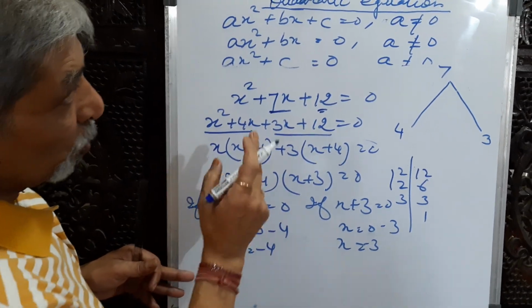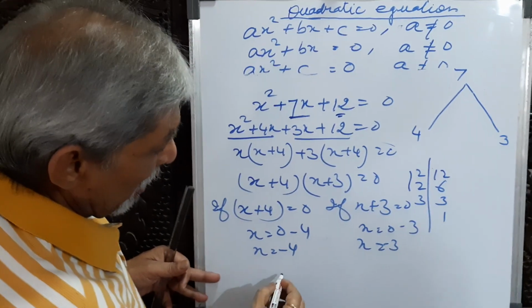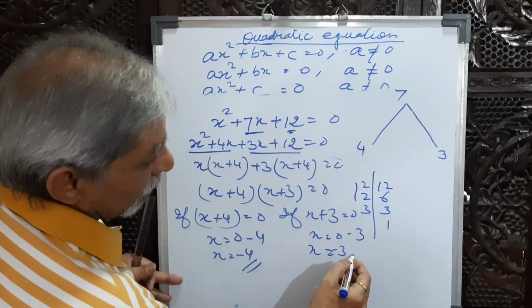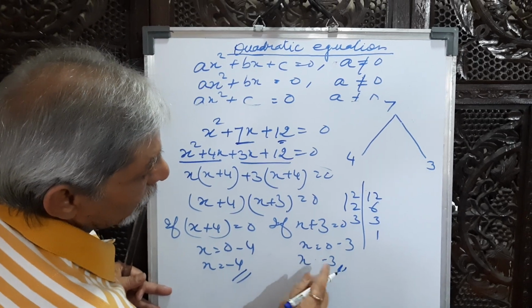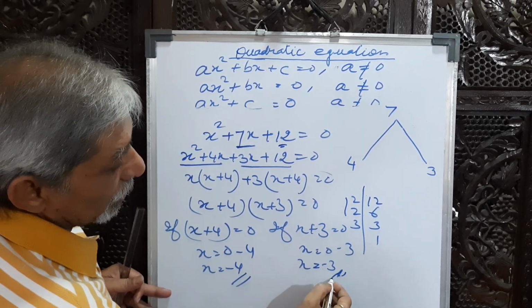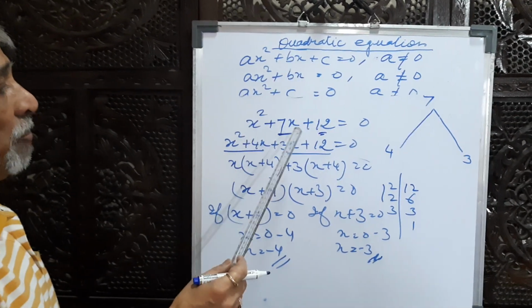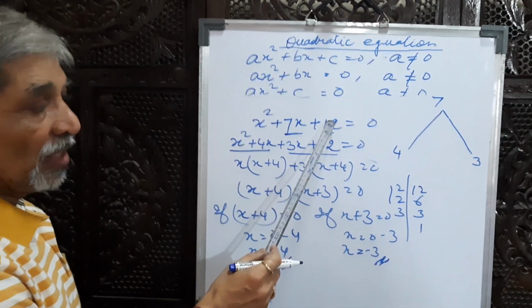That means the roots of this equation, x is either equal to minus 4 or x is equal to minus 3. This is the solution set of this equation, x squared plus 7x plus 12.